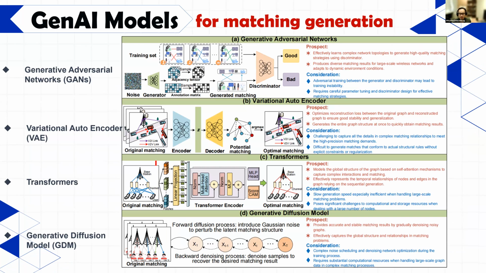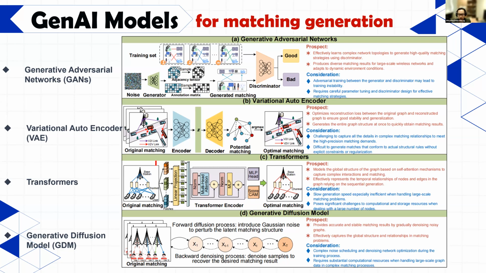There are different generative AI models, and the typical ones include the generative adversarial network, which can be effective in learning complex network topology to generate high-quality matching strategies using the discriminator network. It can produce diverse matching results for large-scale wireless networks and be able to adapt to dynamic environment conditions.